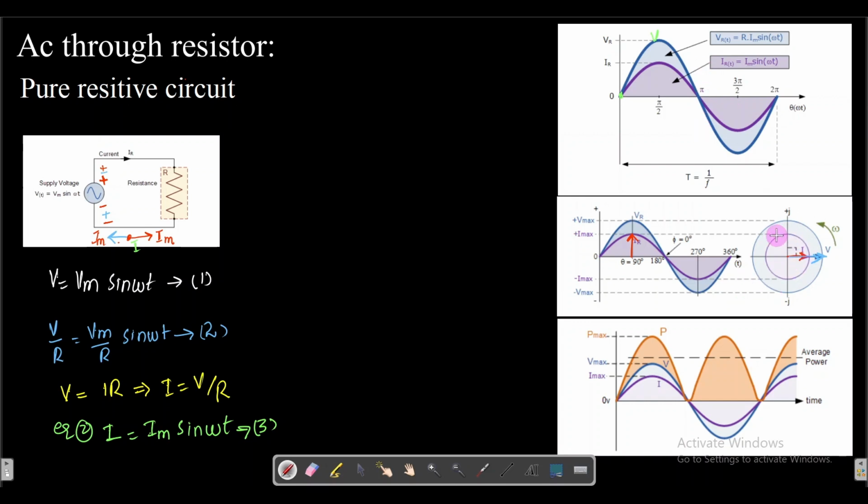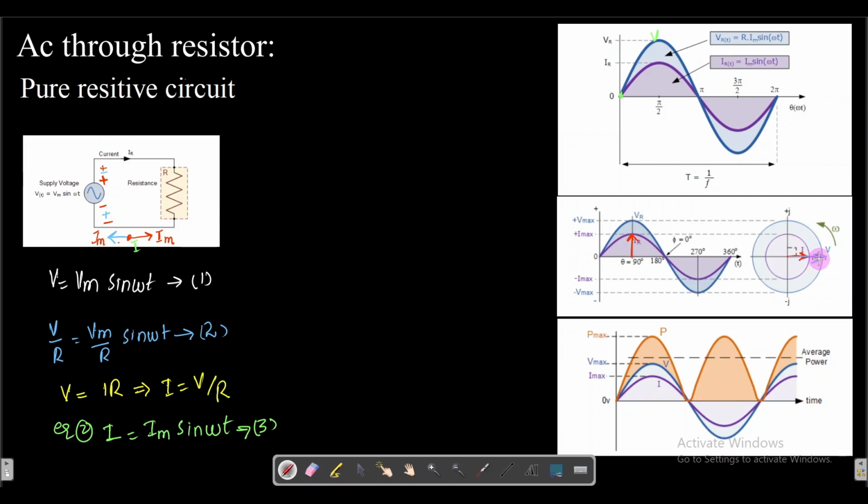This small one will give us the alternating current, and this larger one will give us the alternating voltage. These two vectors are in phase with each other, so both are moving the same distance.